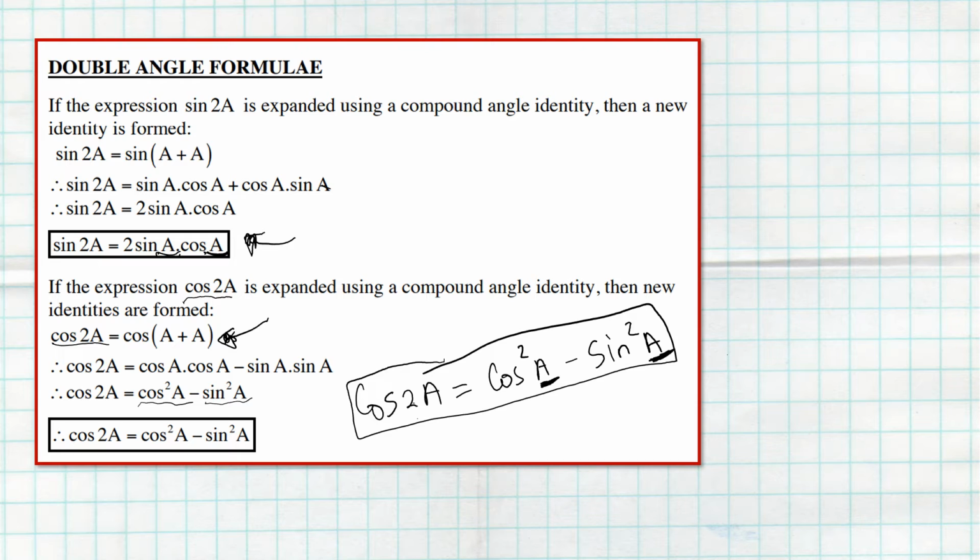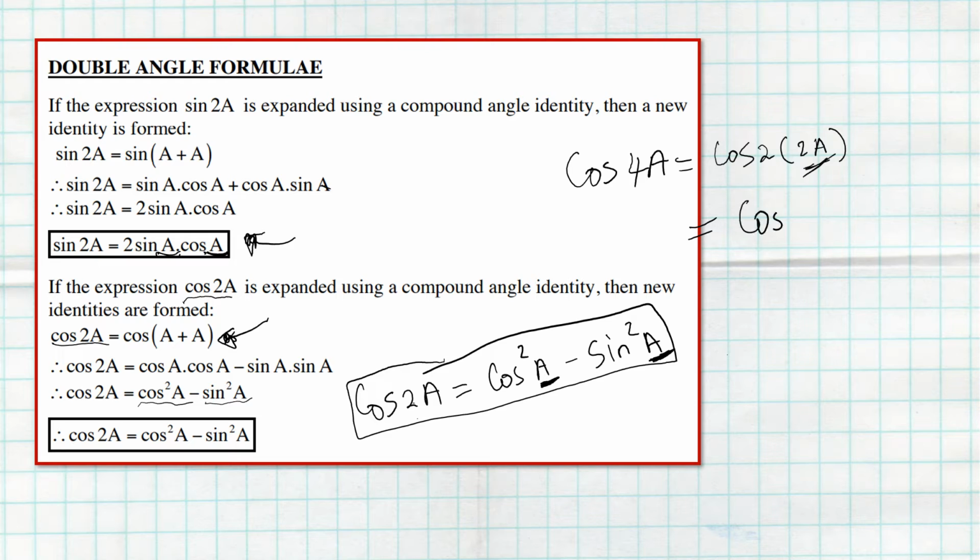So for example, if I have cos 4a, I know this can be written using the double angle of cos as cos 2 into 2a. To show you that it really is the double angle of cos, I can expand it. The rule says for the double angle of cos it will be cos squared a minus sine squared a, but the angle is just divided by 2 from the original angle.